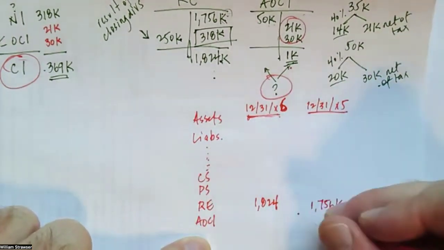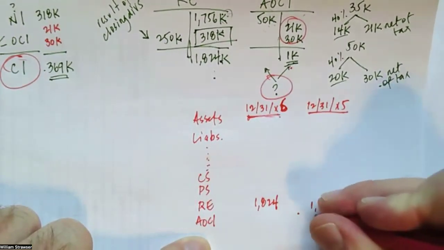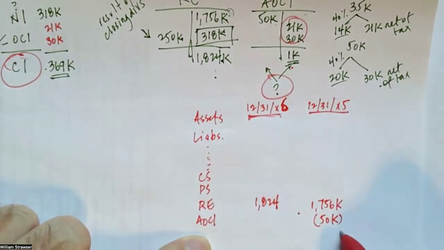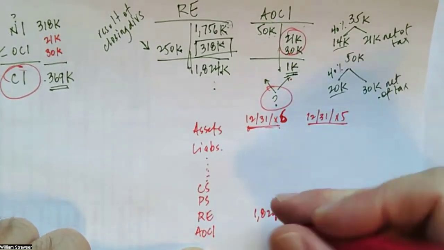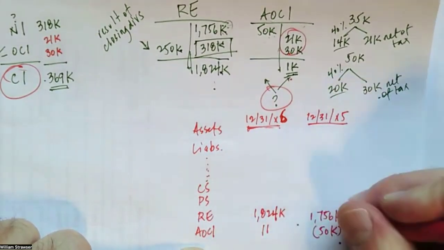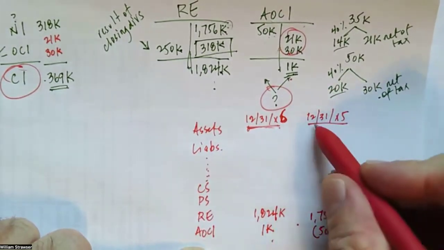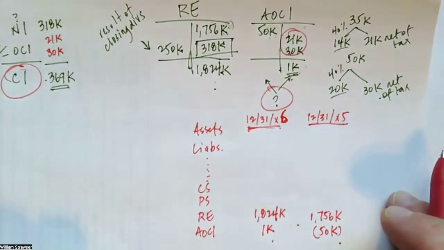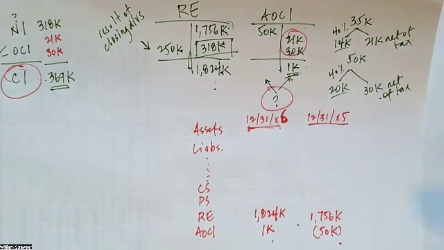For AOCI, it started at a debit balance of 50. Debit balances for AOCI reduce overall shareholders' equity. It then came to a credit balance of 1,000. And that's positive because now it's on the credit balance side. I wanted to make sure that was understood.